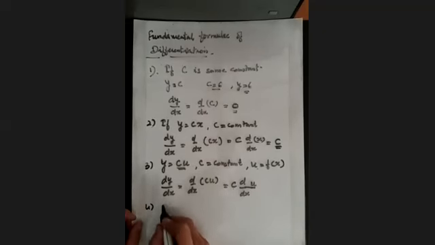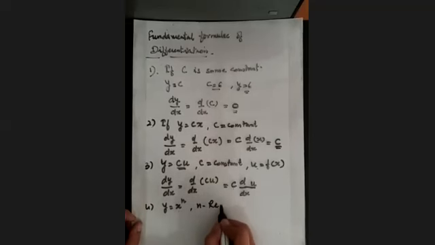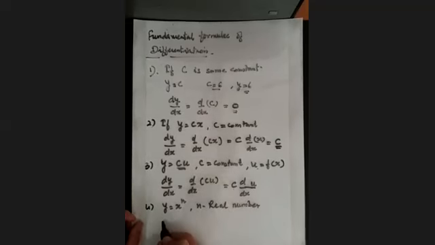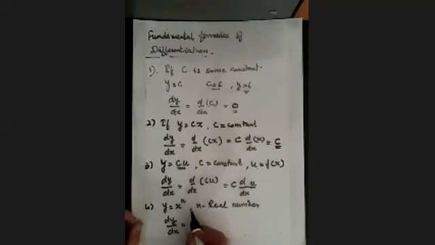And fourth, if y is equal to x to the power n, where n is a real number, then differentiation of y with respect to x will be, we'll write down n, that is the power, will come outside as a multiple of x multiplied by x to the power n minus 1.